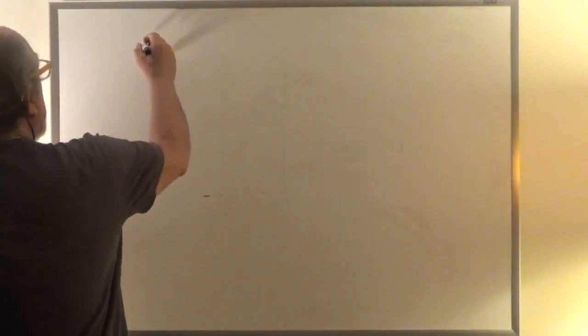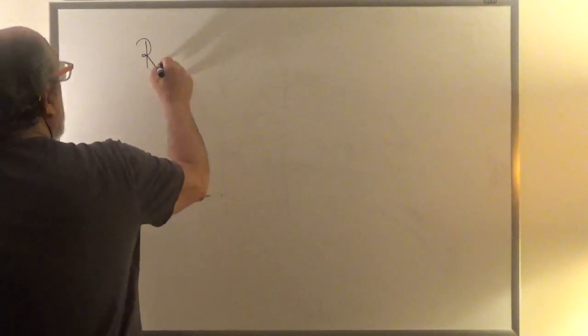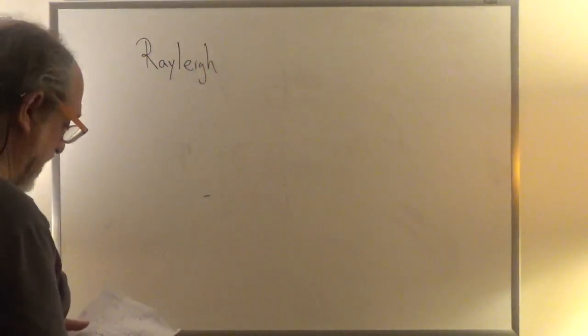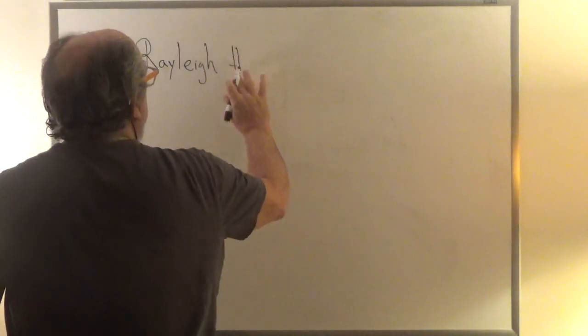I was thinking last time to give you the full presentation of the derivation, but eventually decided against it because it was very long. So I will just give credit to Lord Rayleigh, who derived this expression the first time.